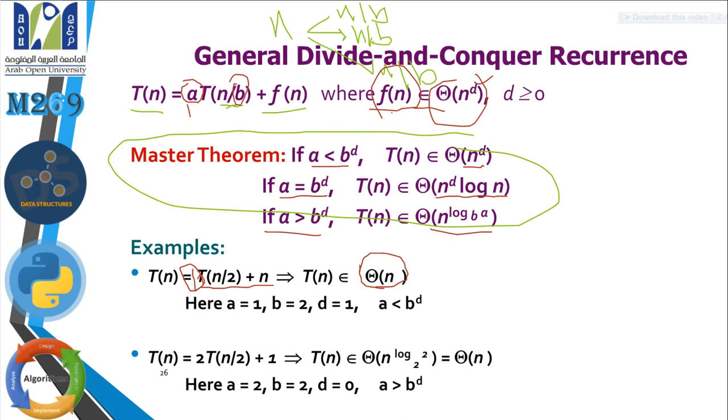So a equals 1. b is the dividing number, 2. So b equals 2. d is here, the power of n. The n here is to the power of what? Of 1, right? So d equals 1.